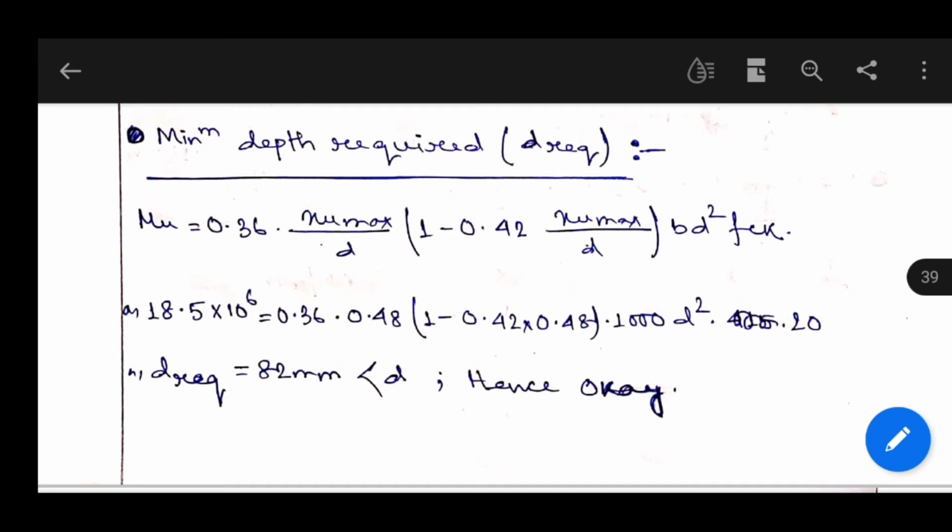Hence it's okay. That means the depth of the section which we provided, that is greater than required depth. That means the section is safe regarding depth consideration.